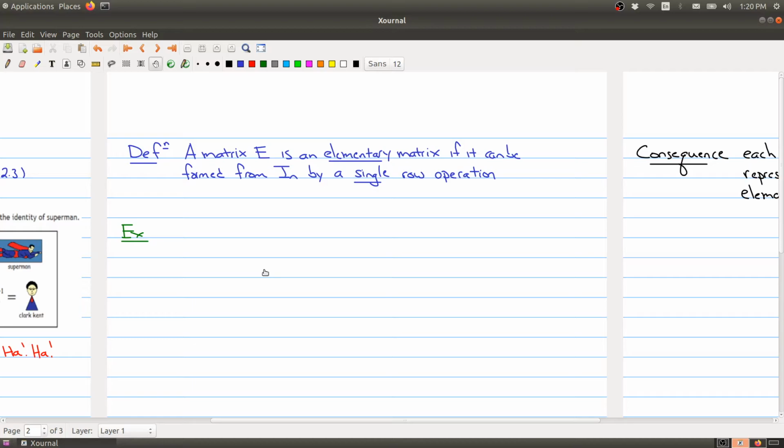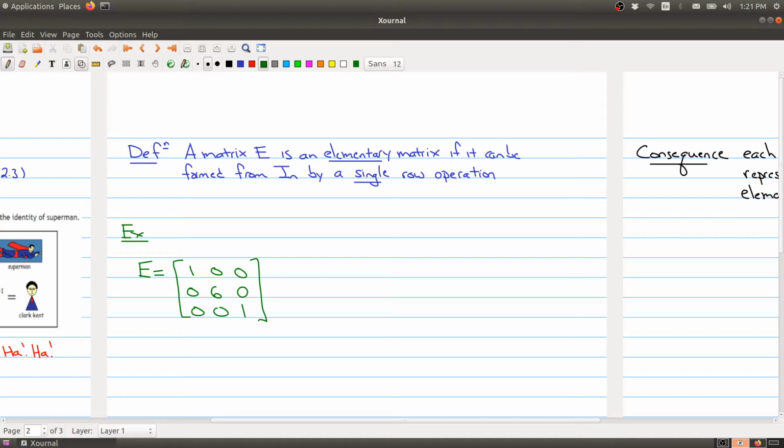So let's make this a little more precise and introduce some terminology. A matrix E is an elementary matrix if it can be formed from the identity by a single row operation. The example above is an example of an elementary matrix: 1, 0, 0, 0, 6, 0, 0, 0, 1.